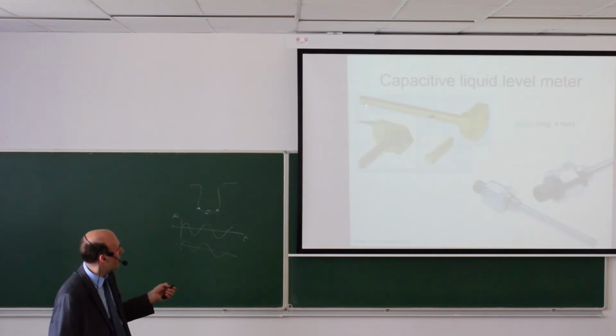So it's filling a column here, and we are able to measure the capacity changes. So it's safe, it does not require any maintenance, and the electronics is either embedded here in this cover or you have it externally connected.